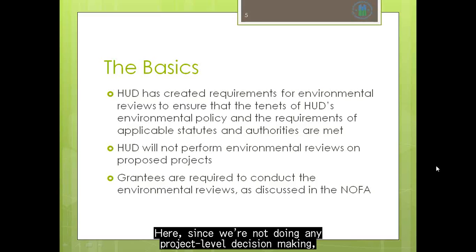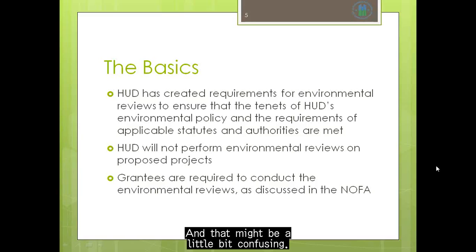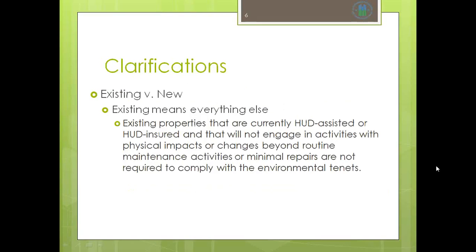Here, since we're not doing any project level decision making, the point at which we had to determine how to make sure there were no environmental impacts for this program was at the policy level. So we put forth these tenets for that purpose. And that might be a little bit confusing. If you have questions, please feel free to ask, but I wanted to give you that background in case that will help explain why these tenets are in place and are a little bit different than what you're used to.